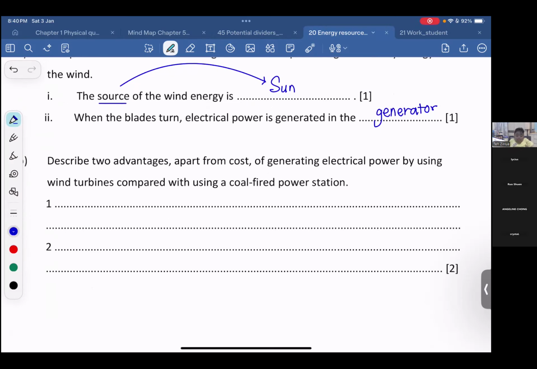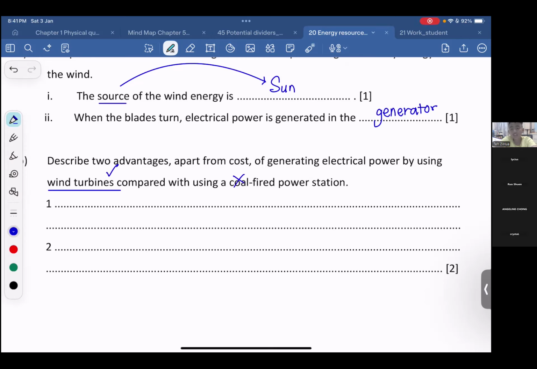So you don't talk about the cost of generating electrical power by using a wind turbine compared with using a coal-fired power station. So what is the advantage of using a wind turbine? Why not use coal? Why are we using the wind turbine? So give two advantages. Zihua, yes.